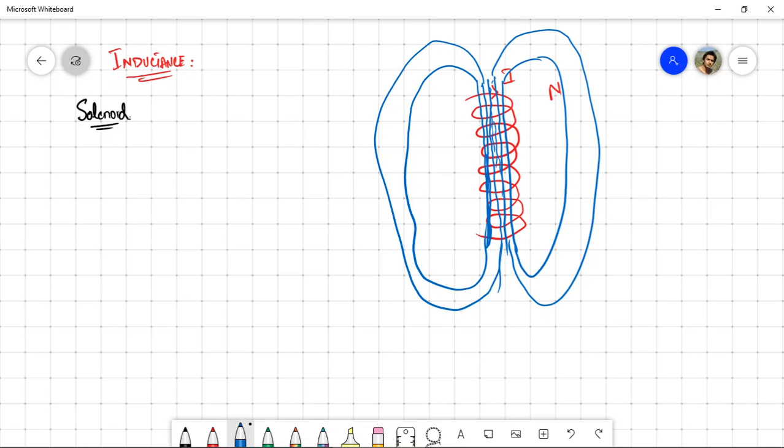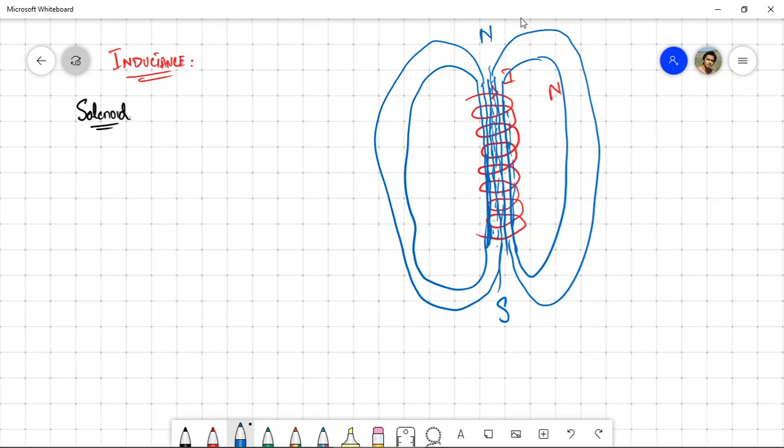Inside this solenoid we'll have a pretty uniform set of magnetic field lines. So we can say that it can behave like a permanent magnet. So this is how a solenoid looks like.